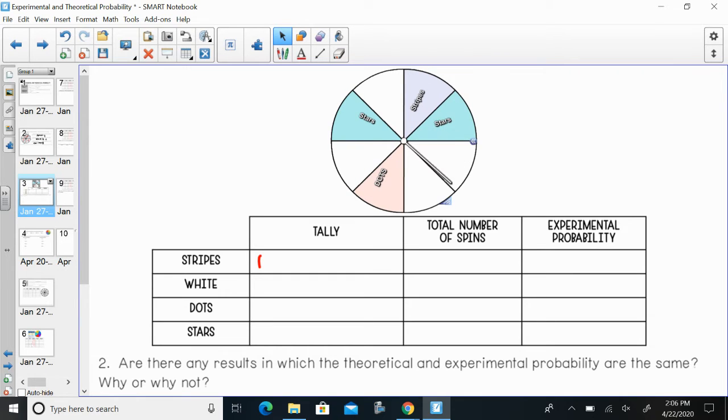My second spin is a white space. Third spin, another white space. Fourth spin, ooh, stripes. Fifth spin, a star.